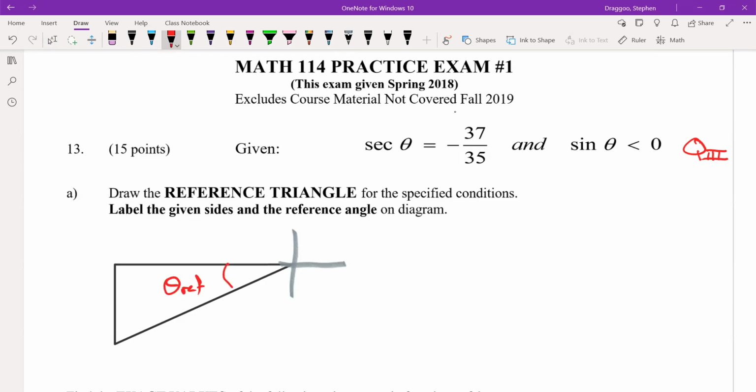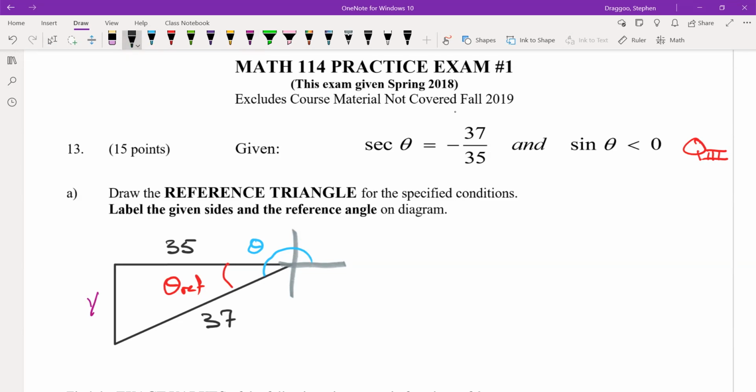The actual angle theta itself in standard position is this angle right there. And since I know secant is hypotenuse over adjacent, I should have a 37 for my hypotenuse and a 35 for my adjacent side with a missing value y.